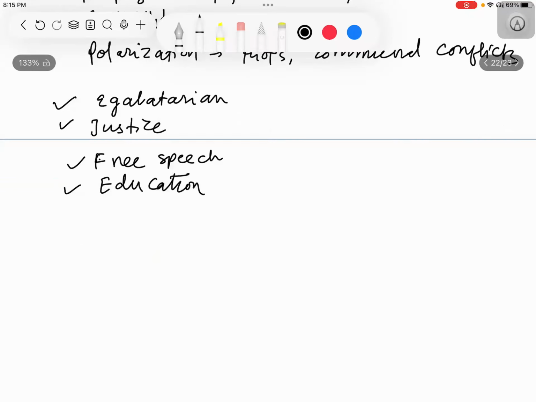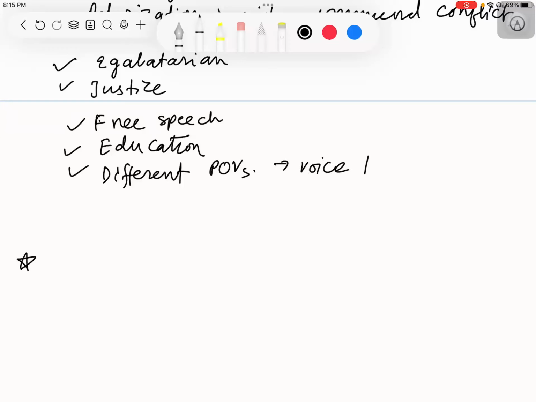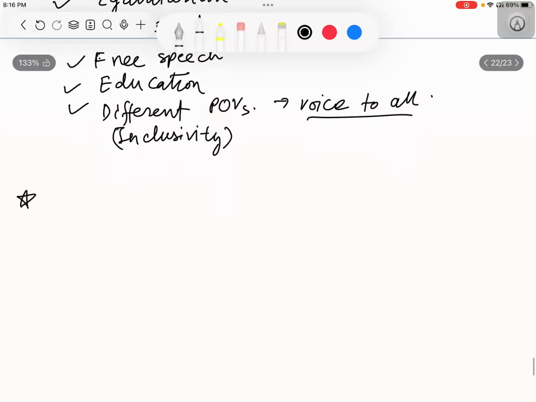For example, earlier Twitter used to push the left wing, now after Elon Musk the right wing also gets as much platform. We can say voice to all, right? Yes. So in this way it is more inclusive, inclusivity. Yes, you can say.